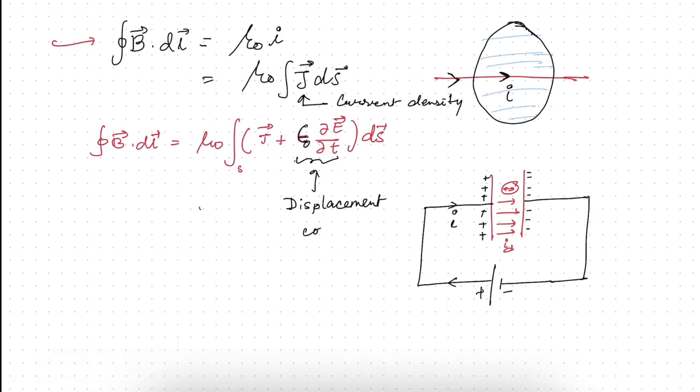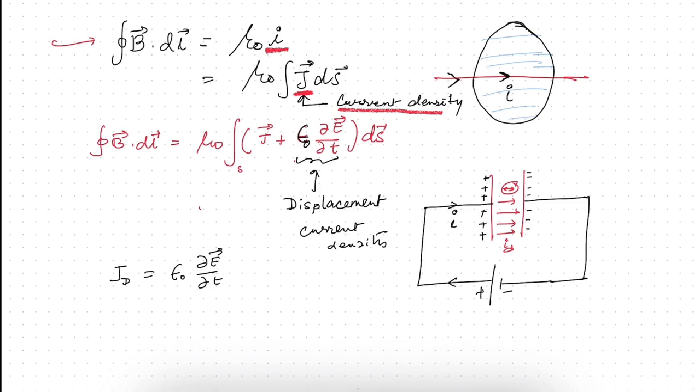We represent displacement current density by J D, that is epsilon naught del E by del t. When we write only J, this is conduction current density, and I is conduction current.